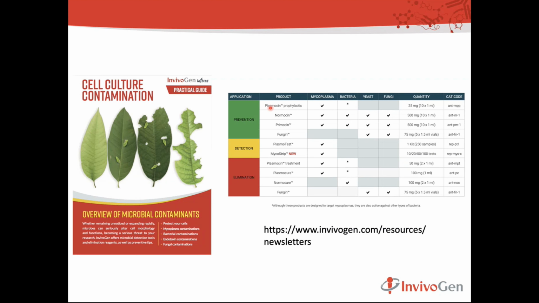So to protect ourselves, we may need to use some special prevention measures. For example, Normocure and Plasmocure, which can cover all the common contamination sources. For detection, there's no need for bacteria and yeast because you can see it right away. But for Mycoplasma, again, you need some special method for detection.